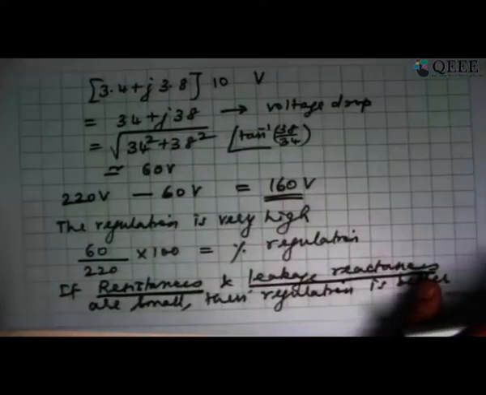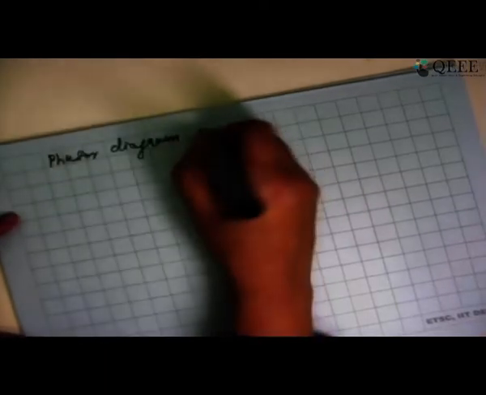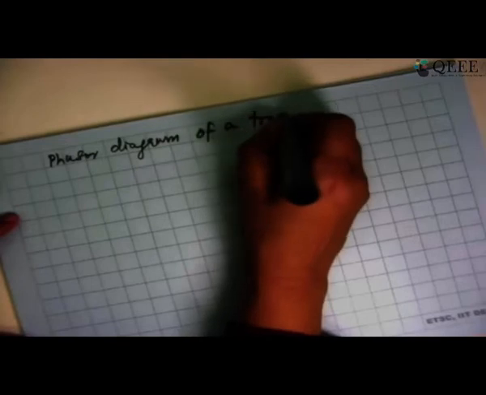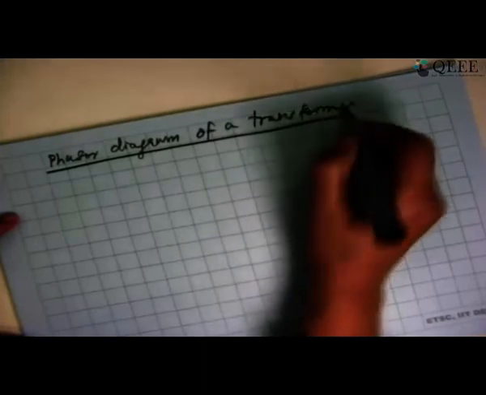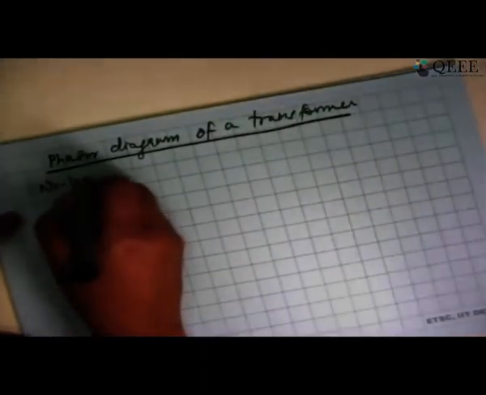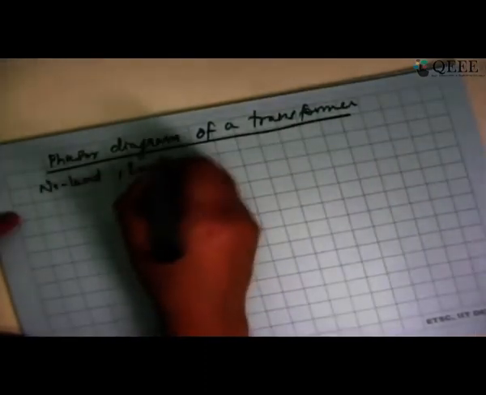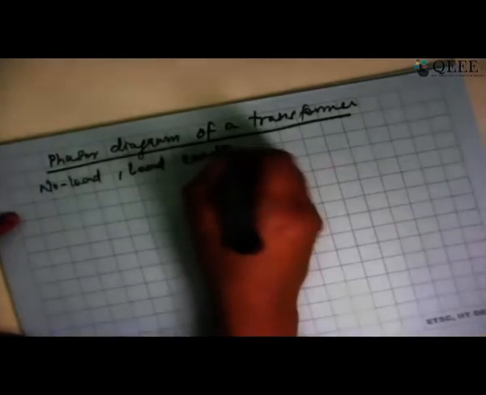So let us try to see whether we would be able to obtain a proper expression for regulation. So let me first of all for that draw the phasor diagram of a transformer. When I draw a phasor diagram of a transformer, I should include no load as well as load conditions into account.